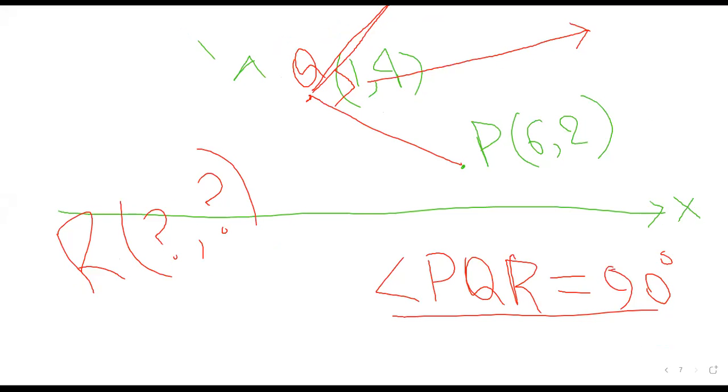So the easier way to work this problem is to sketch it out. Draw PQ as we have drawn over here, and then draw the line perpendicular to PQ at Q. R is somewhere on this line.